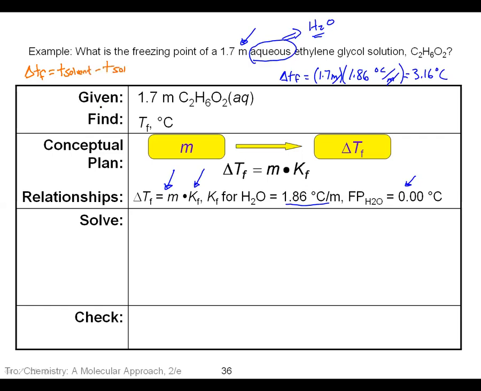So if we want to find the freezing point of this solution, the temperature of the solution would equal the temperature of the solvent minus the change in the freezing point temperature. The normal freezing point of our solvent, which is water in this case, is 0.